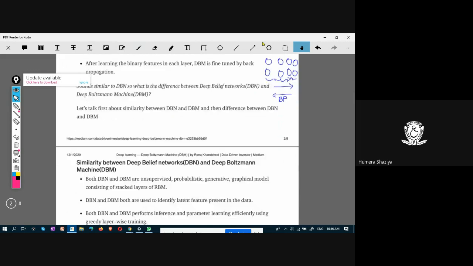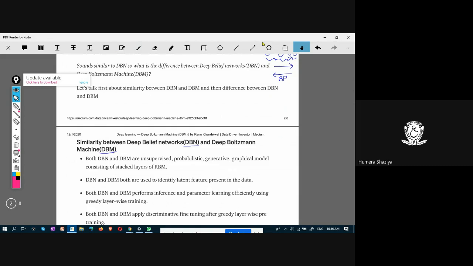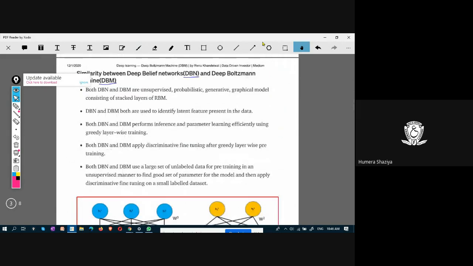Then what is the difference between, okay, there is another category of networks known as deep belief network, and then there is a category of network known as deep Boltzmann machine. What are the differences? DBN and DBM are unsupervised probabilistic generative graphical models consisting of stacked RBMs.